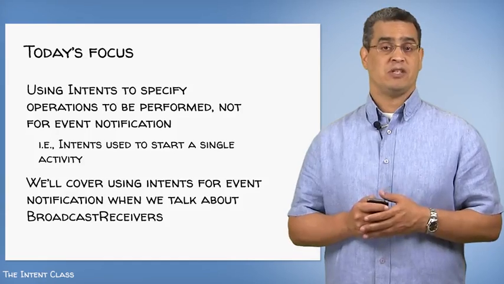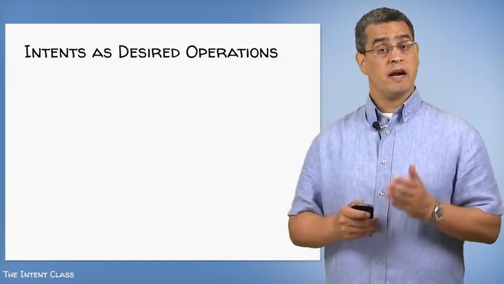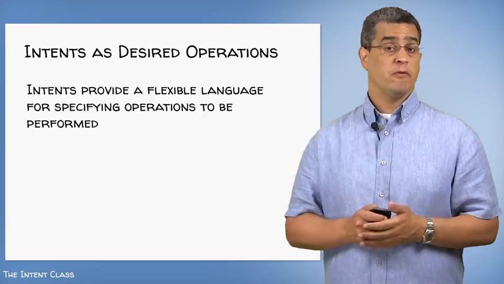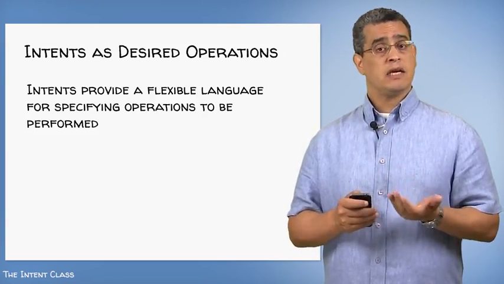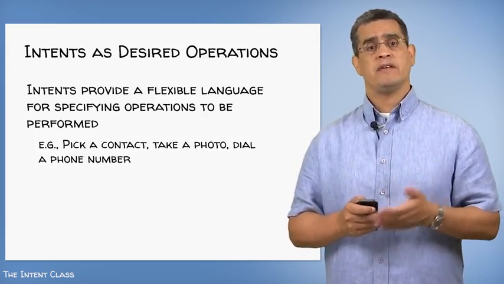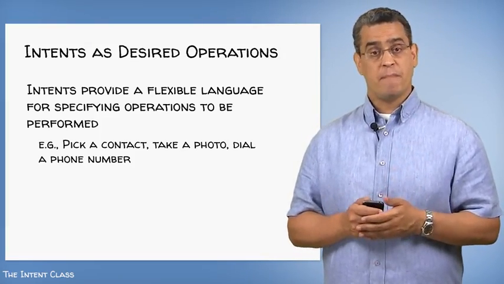Now, you can think of intents as providing a kind of language for specifying operations that you want to have performed. In essence, intents give you an easy way to say things like, I want to select a contact, I want to take a photo, I want to dial a phone number, or I want to display a map.